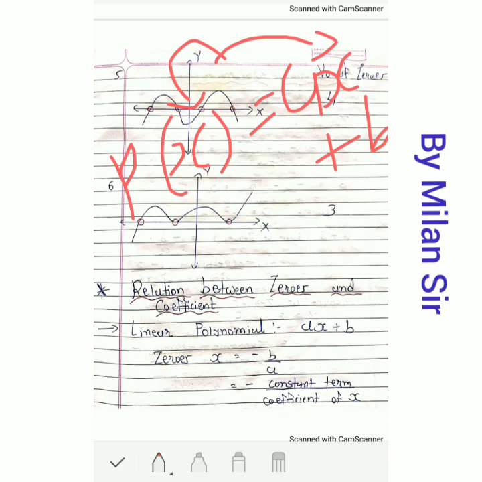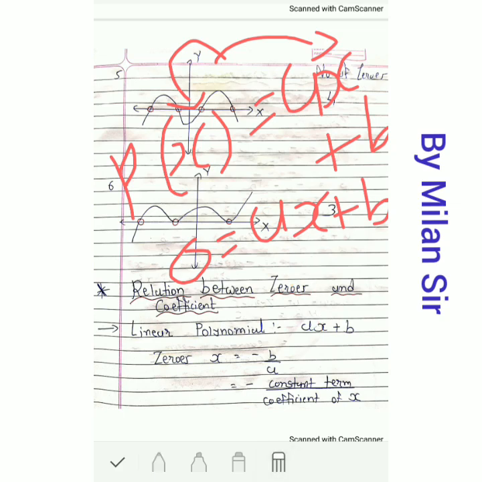So if I put 0 in place of p of x, then from this equation, if I find x, definitely this value is the zero of the polynomial, because if we put this value, then obviously we get p of x equal to 0.